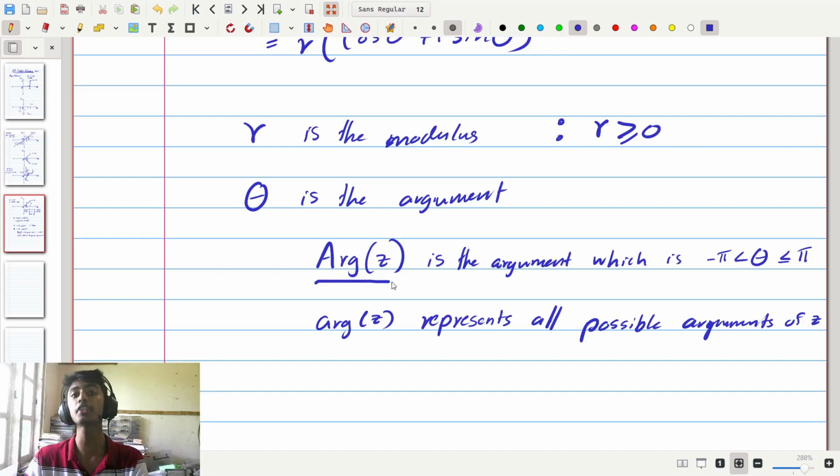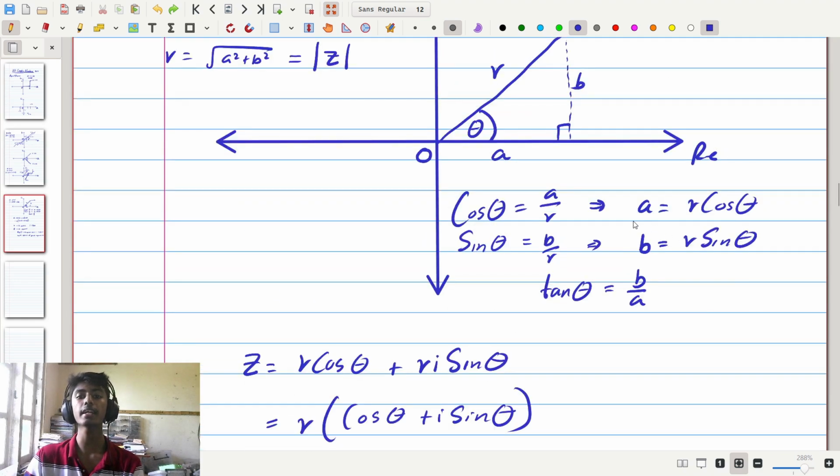So these are the restrictions placed on r and theta, and given this, we can express any complex number in terms of r and theta. And if we want to convert that back into linear form, all we have to do is to take a equals r cos theta and b equals r sin theta.